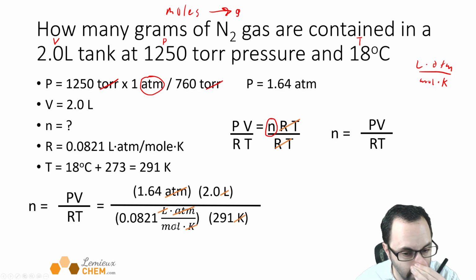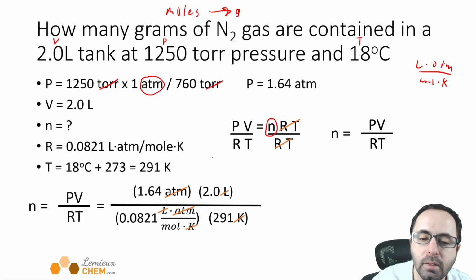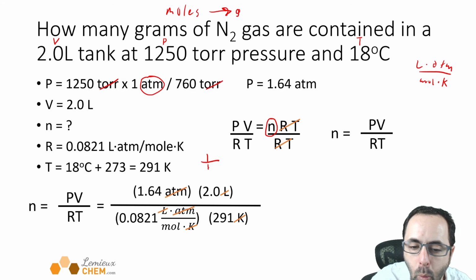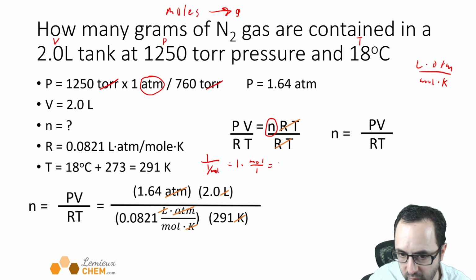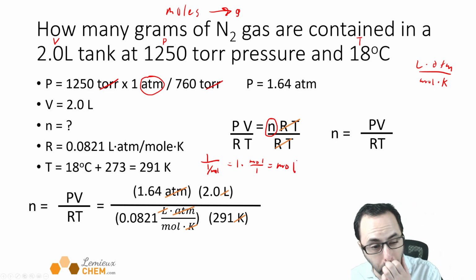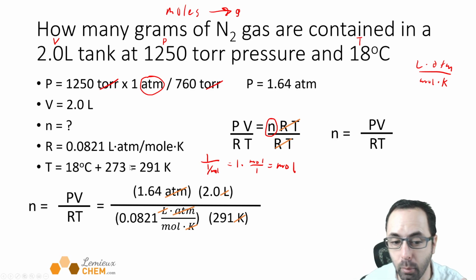And then for units here, we got 1 over mole. And remember, if you're dividing by a fraction, that's the same as multiplying times the reciprocal. So that's going to be 1 times mole over 1, which is just going to be units of moles. And moles is what we wanted. We were looking for moles. So great, this works out.